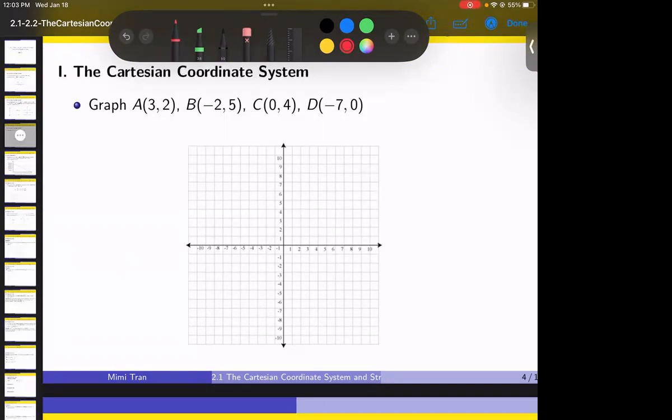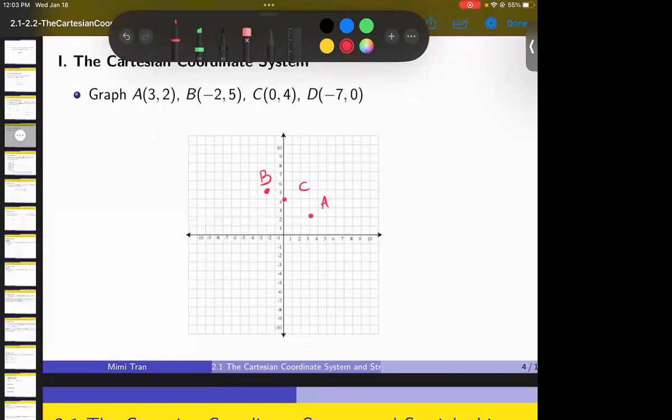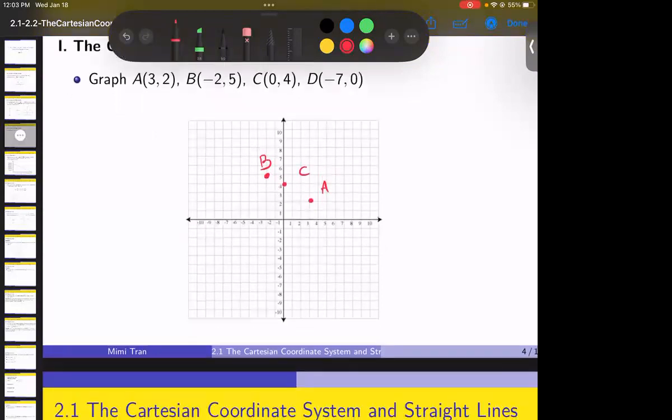So 3 for x, 2 for y. That is A. B is (-2, 5). It's gonna be the second quadrant. Negative x, positive y. C is (0, 4). That's your y-intercept. And then D is your x-intercept, (-7, 0). That's it. Cartesian coordinate.